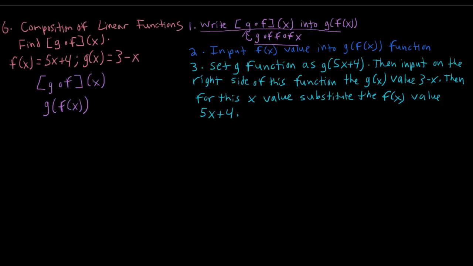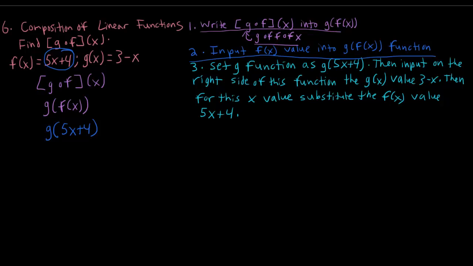Step 2 says to input the f of x value into the g of f of x function. So here our f of x value is 5x plus 4. So we want to do g and then 5x plus 4.